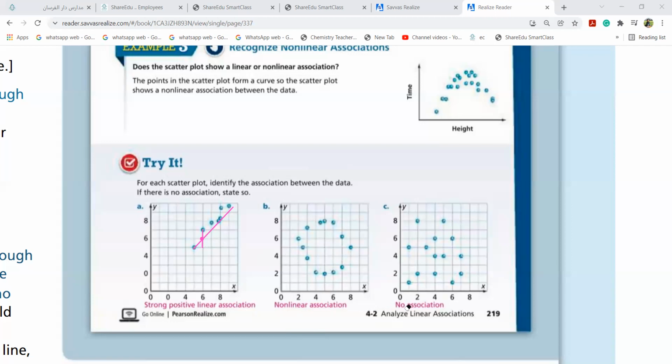Third is no association. May I go to the next page?